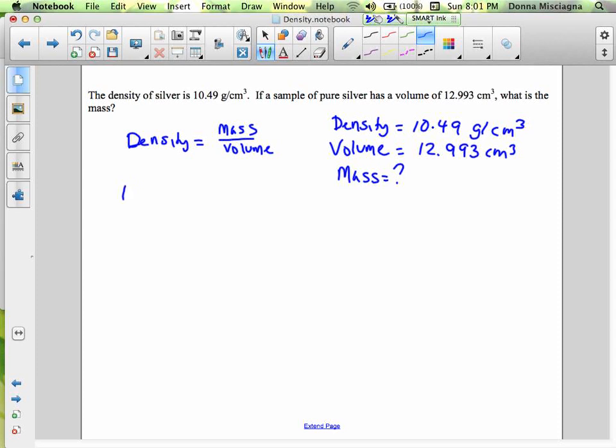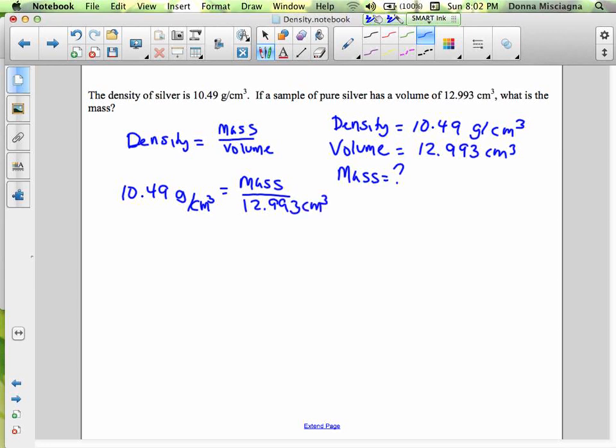So this would be 10.49 grams per centimeter cubed equals mass, which we don't know, divided by the volume, which is 12.993 centimeters cubed.